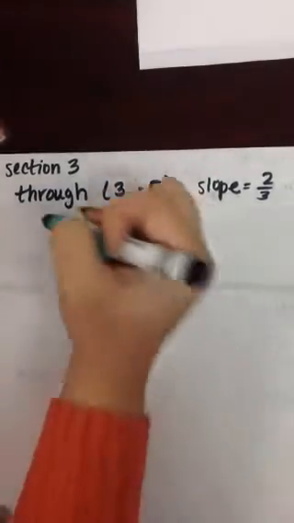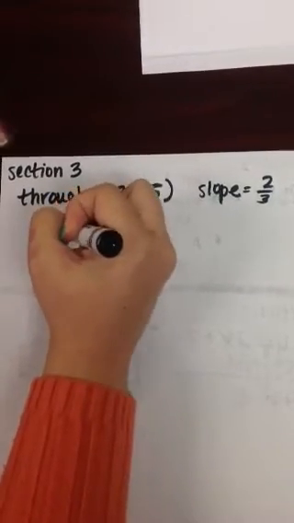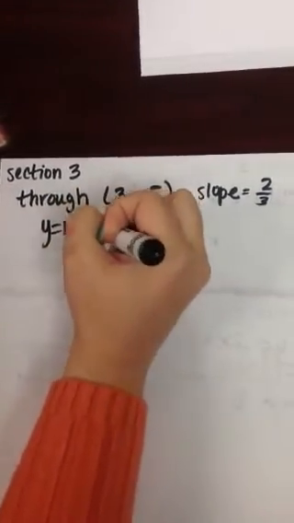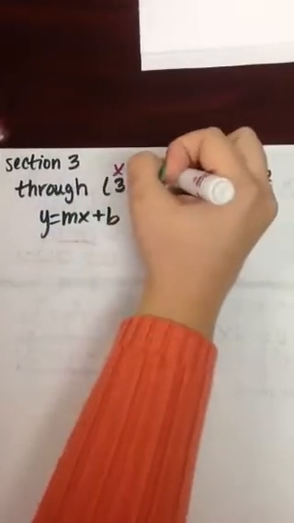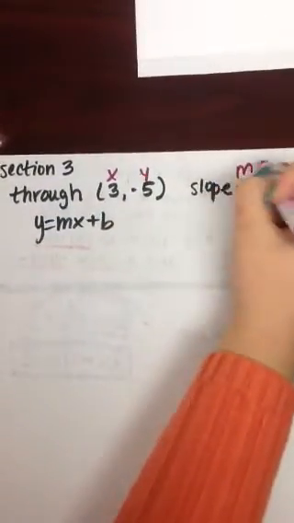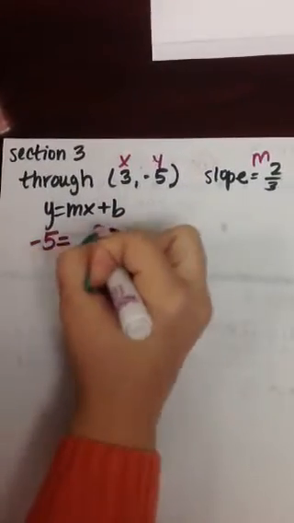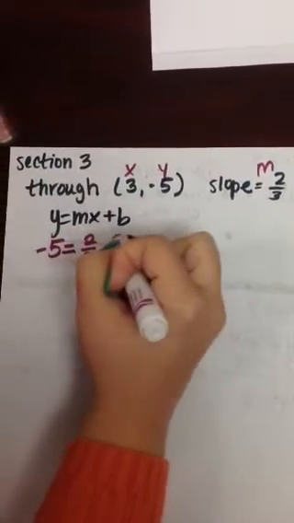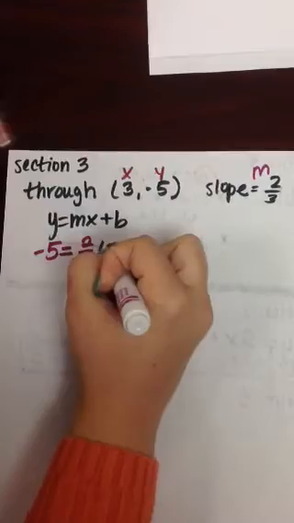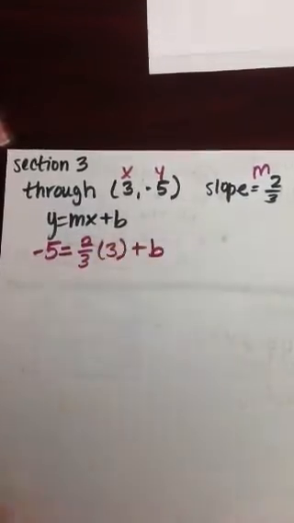Well, as you learned yesterday or earlier today, Y equals mx plus b. You label your points. 3 is your x, negative 5 is your y, slope is your m. And you plug them in. So you have negative 5 equals 2/3 times your x, which is 3, plus b.